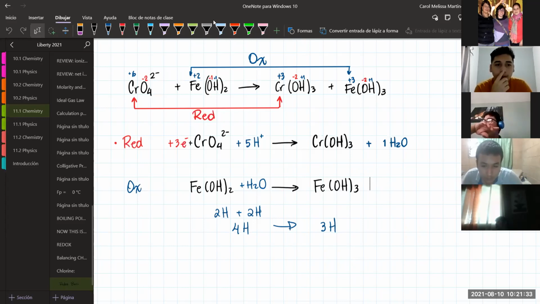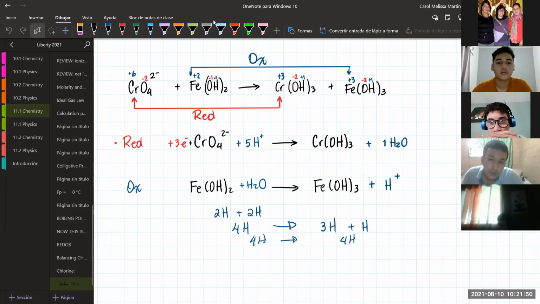In the products. I just need 1 more hydrogen, so it's going to be 1 H+. So now it's 4 hydrogen equals 4 hydrogen, so it's balanced. My oxygen and hydrogen are now balanced.